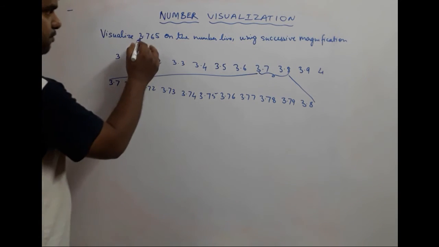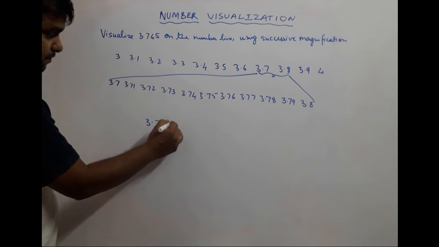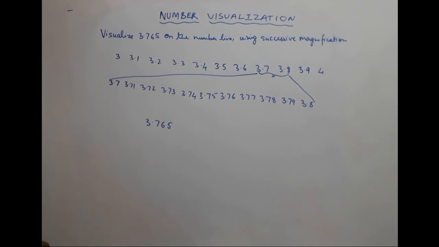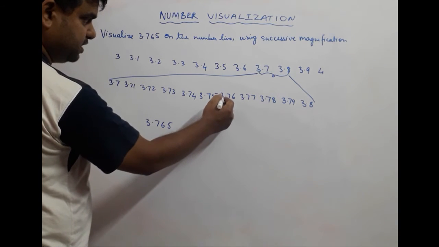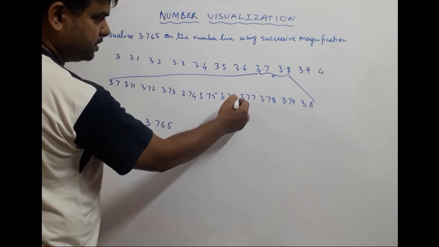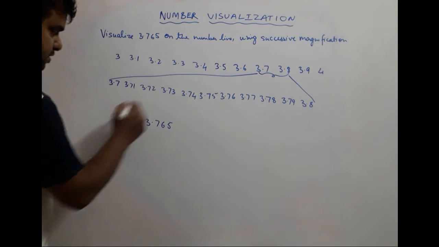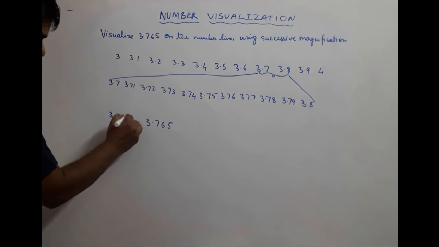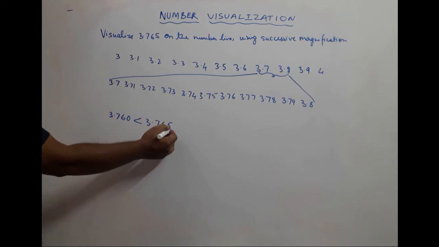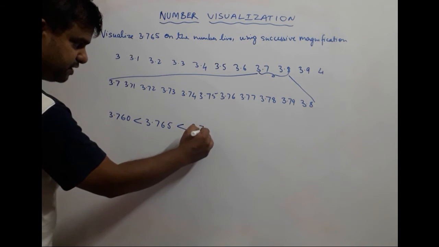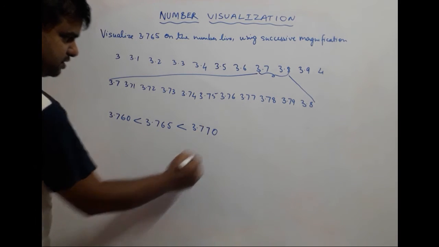Now the next number is 3.765. If we write it down, 3.765, obviously it needs to come after 3.76 and before 3.77, right? That means 3.760, which is nothing but 3.76, is less than 3.765, which is less than 3.770.